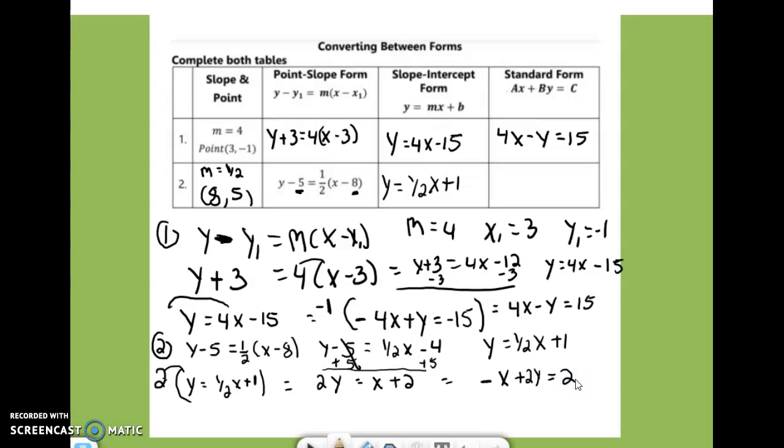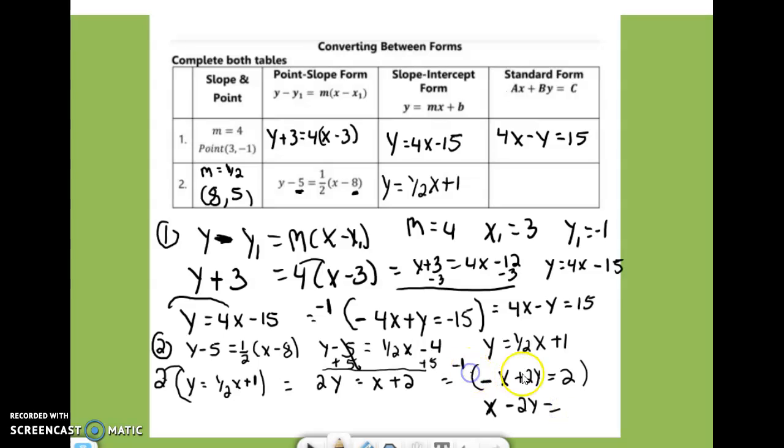Remember, the last thing about standard is that the first term can't be negative. So that means I'm going to multiply everything by negative 1. So negative times negative is positive x. Negative 1 times positive 2y is negative 2y.